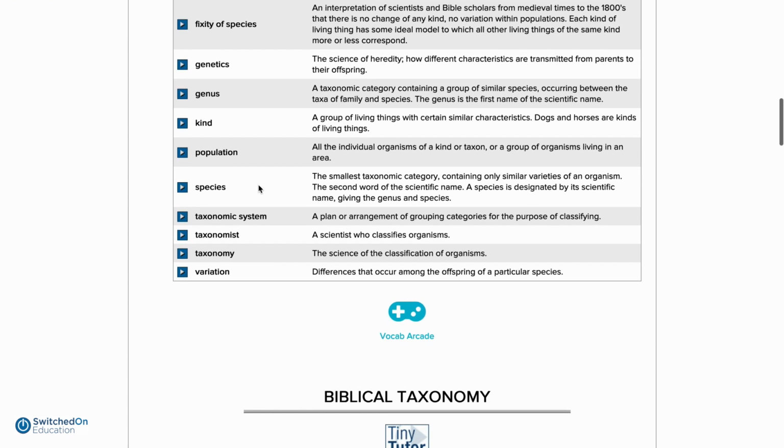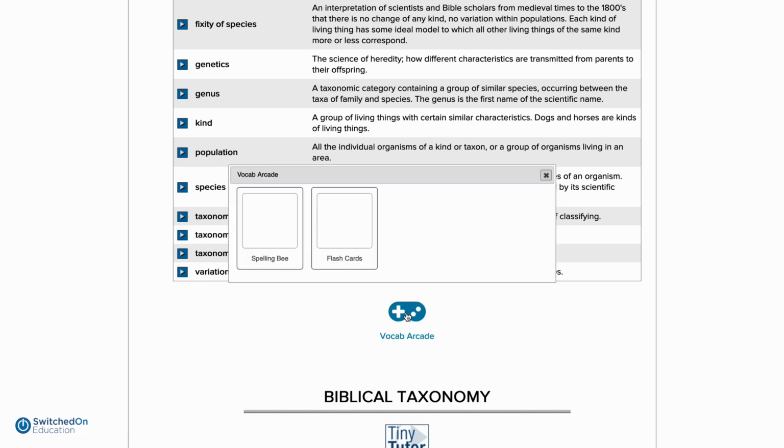Opposite the new vocabulary is the definition of that word, so that they can understand what the definition of that word is. Beneath that is a vocab arcade. And in there are two games. One is a spelling bee, which helps them learn the spelling of those new vocab words they've just been introduced to.